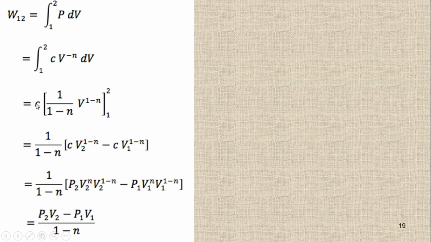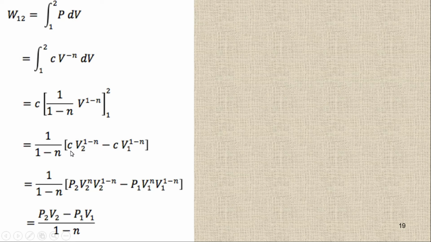I'm going to multiply this C inside the equation and apply the limits. So I'll get 1 minus n, which is this one. So we have C V2^(1-n), because we have the upper limit here, and then we have C V1^(1-n).